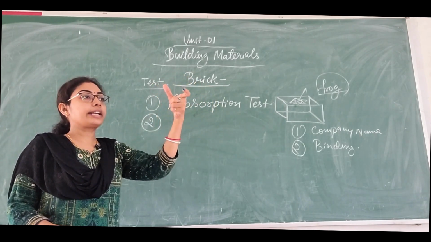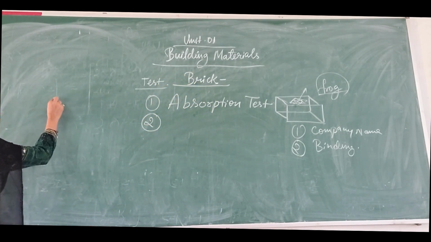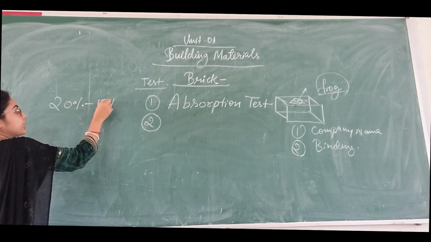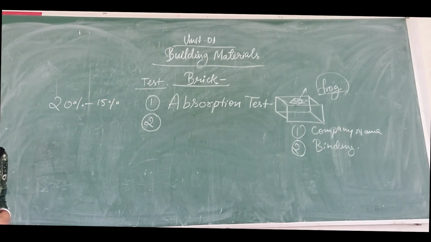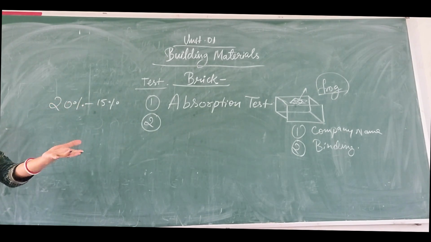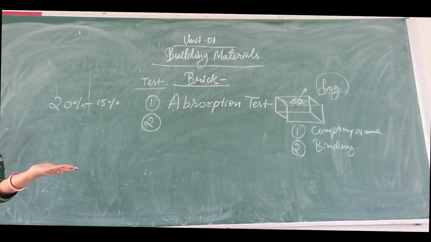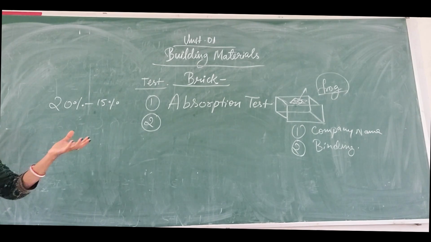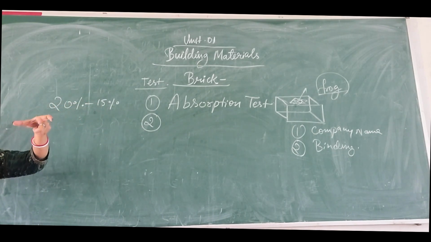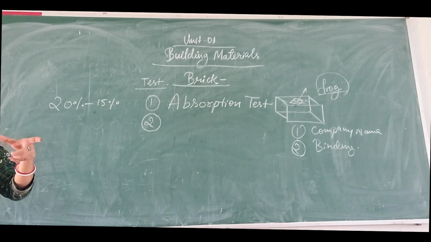You have the criteria of absorption, like 15 to 20% absorption should be there in the brick, 15 to 20% of the dry weight of the brick. If the weight of a brick is like 3 to 3.5 kg, the absorption should not exceed 15 to 20% of that 3 to 3.5 kg, right?